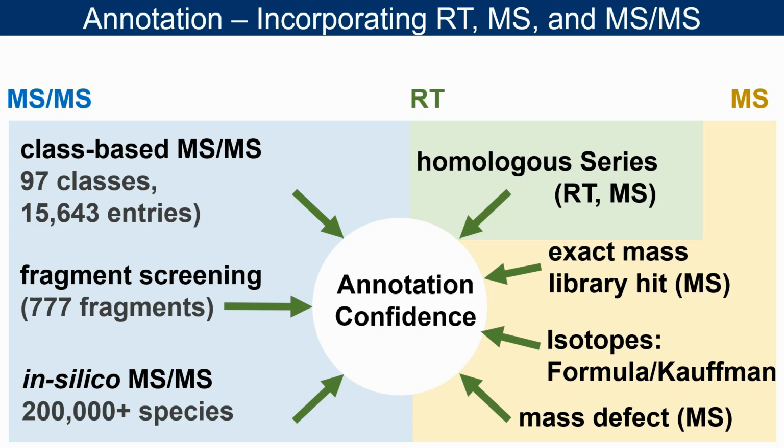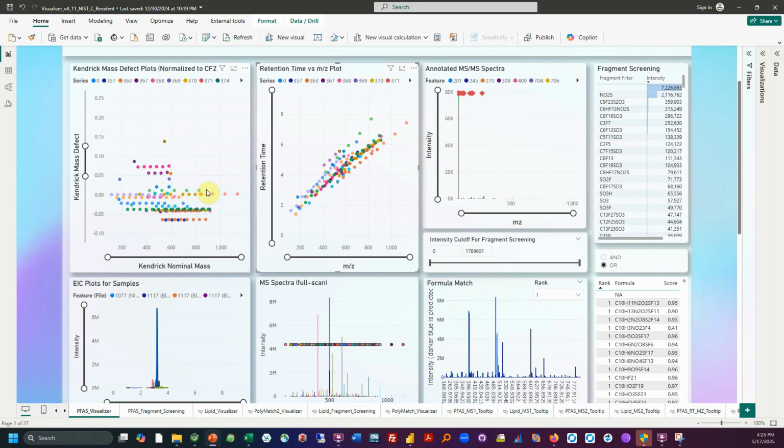And then there's also in silico MS/MS, where we can predict MS/MS spectra. FluoroMatch covers this as well, based on the fact that if a molecule has a certain type of structure, such as sulfonic acid, then it will give sulfonic acid-related fragments, so we can predict the fragmentation based on structure.